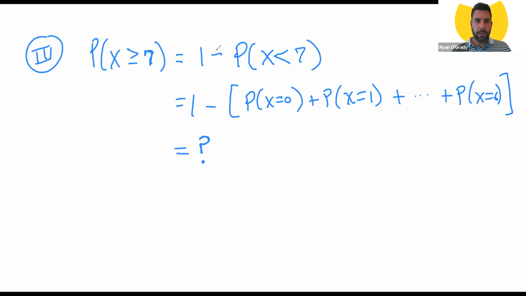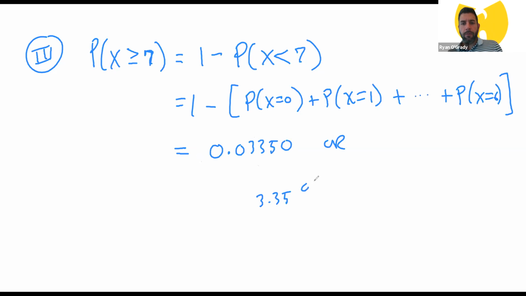So I guess I'll delete this. And then maybe you can figure out or see if you can get the same answer. So this becomes 0.03350, or of course, 3.35%.